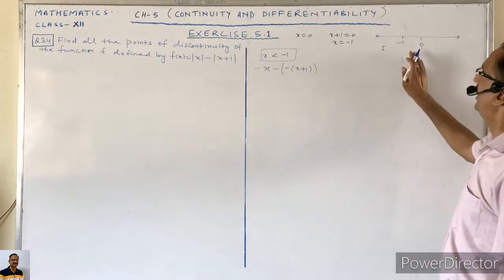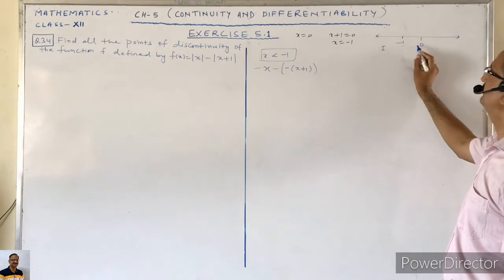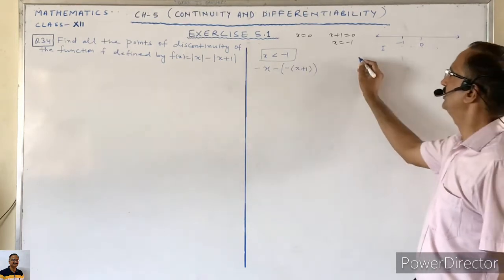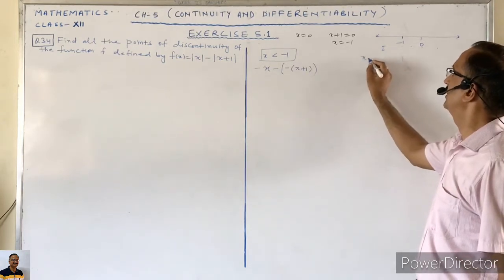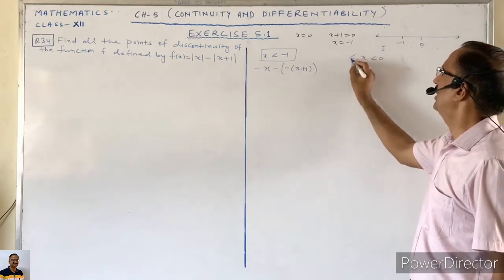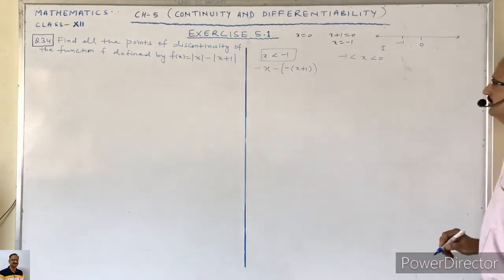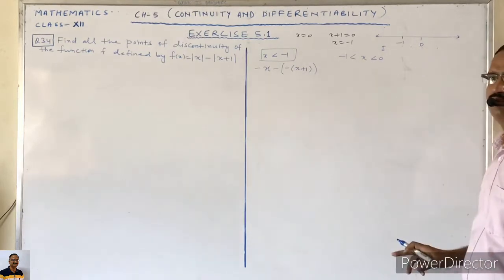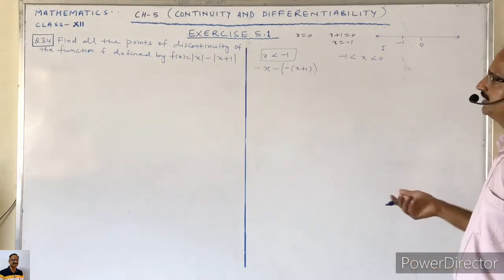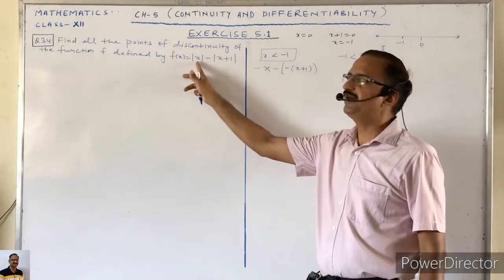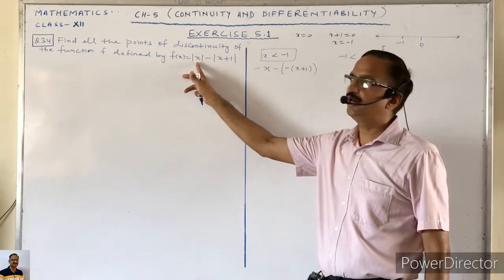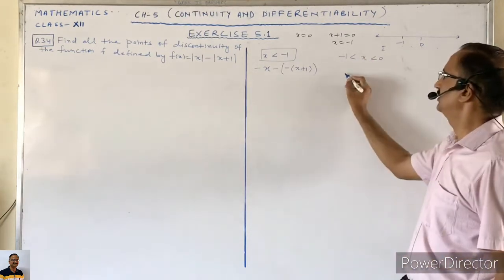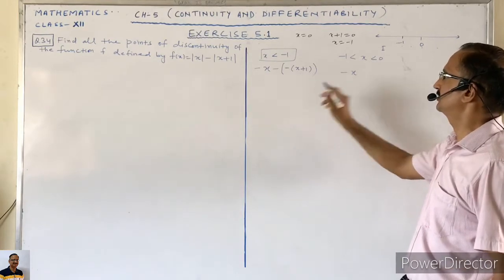Now, if x lies between -1 and 0, suppose we consider x = -1/2. If you put -1/2 here, this will be negative. It means -x.